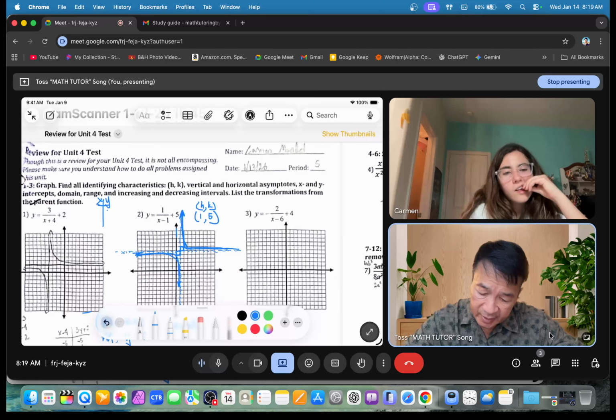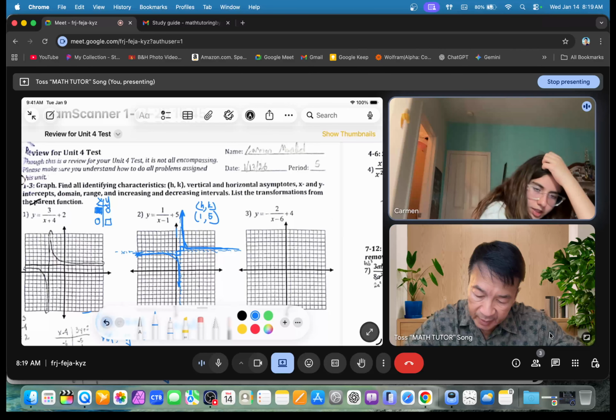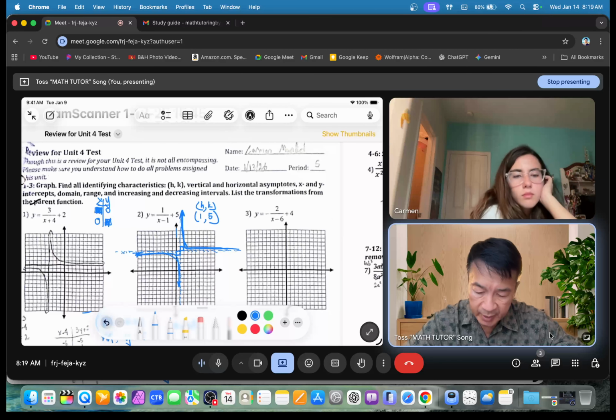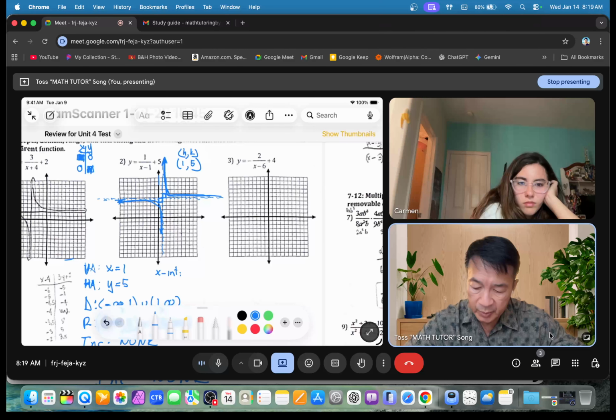X and Y intercept looks like this. If you remember the table layout for X intercept, you substitute your Y with 0 and then solve for X. And vice versa, if you're trying to find Y intercept, you substitute X with 0 and then solve for Y. It doesn't matter which one first, so I'll do the x-intercept first.